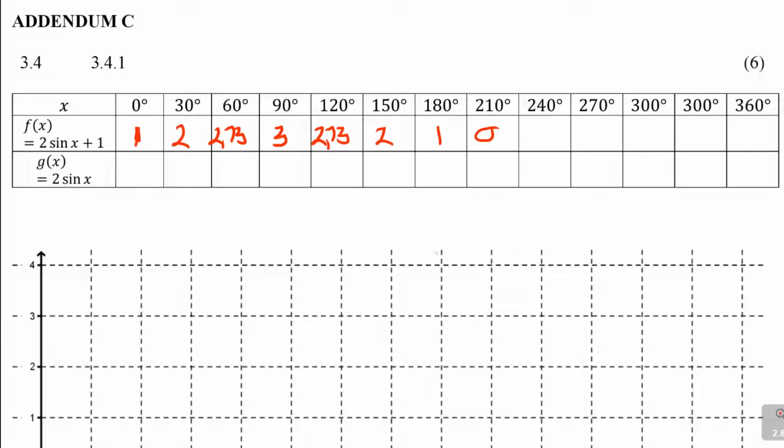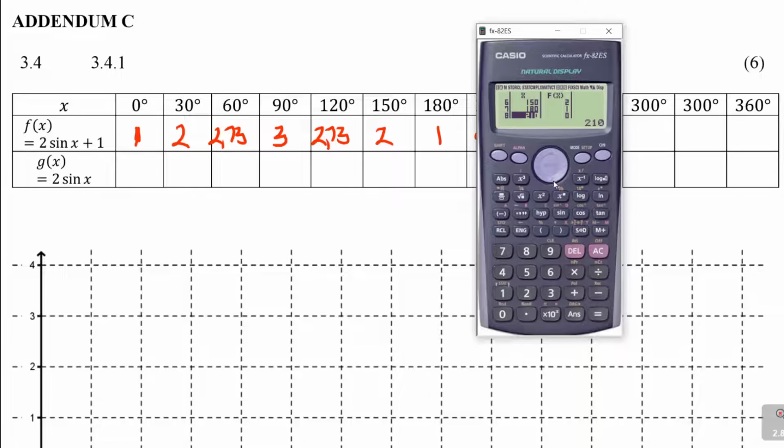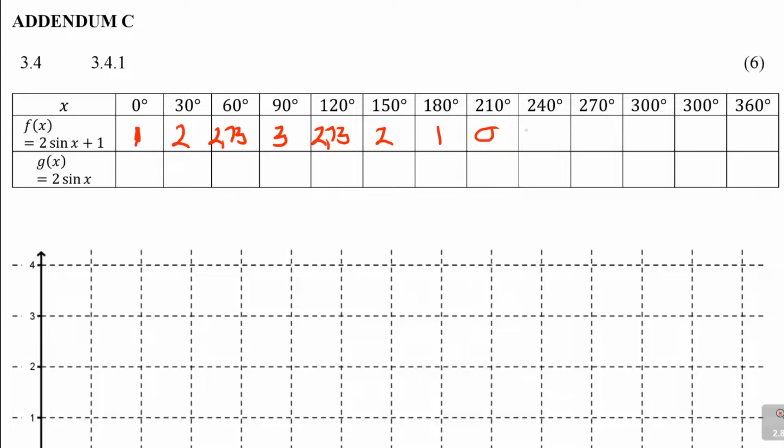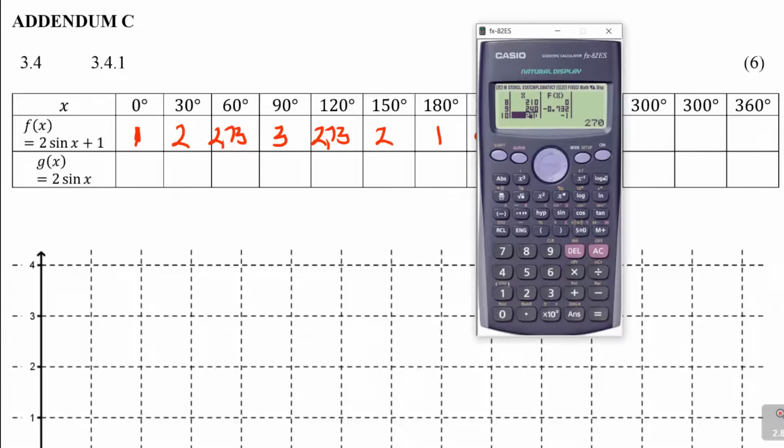I continue. 240 is negative 0,73 and 270 negative 1. So negative 0,73 and negative 1. Continue.